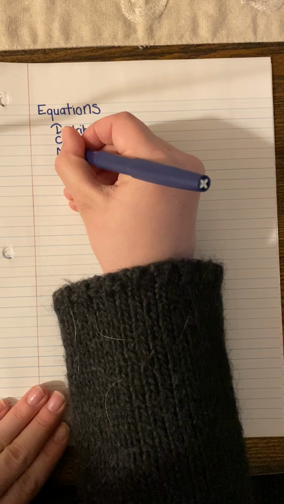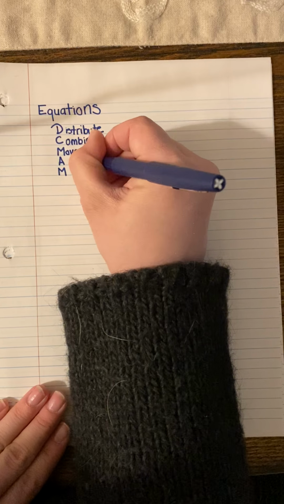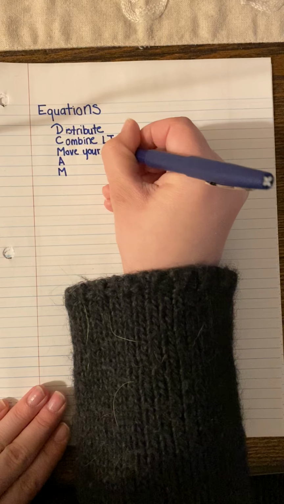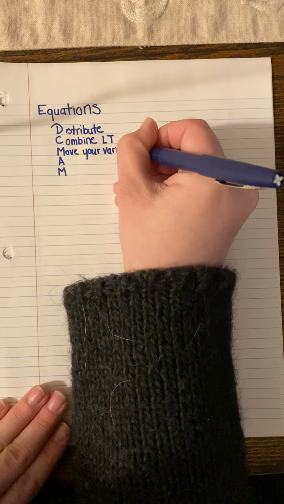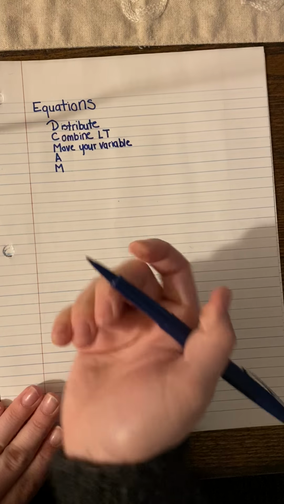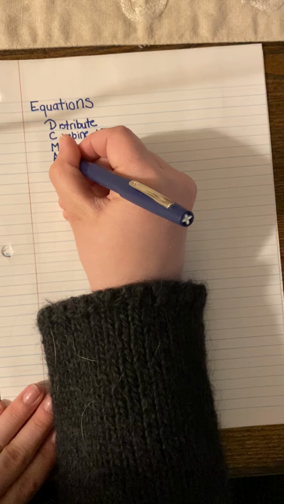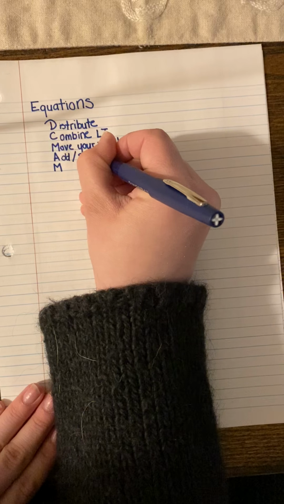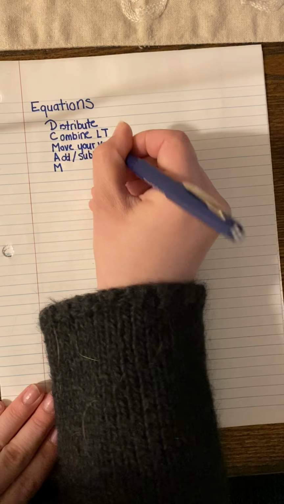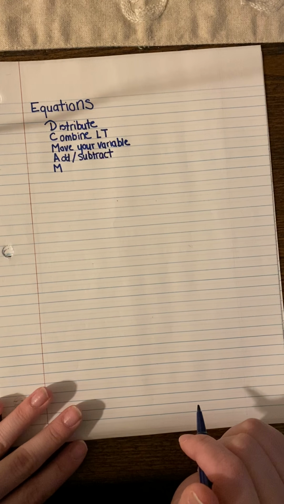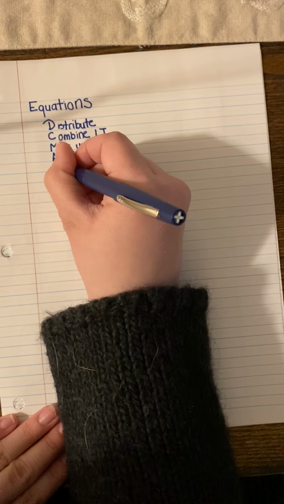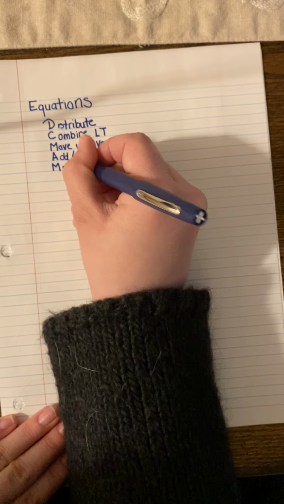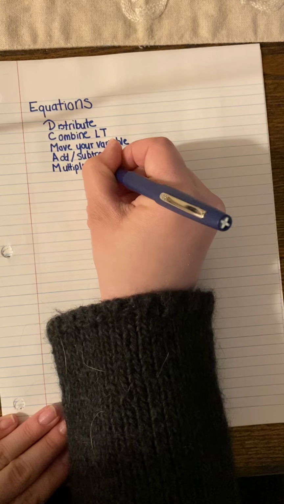M stands for move your variable. Remember, your variable is the letter that is in the equation. A is add or subtract. And M is multiply or divide. Okay?